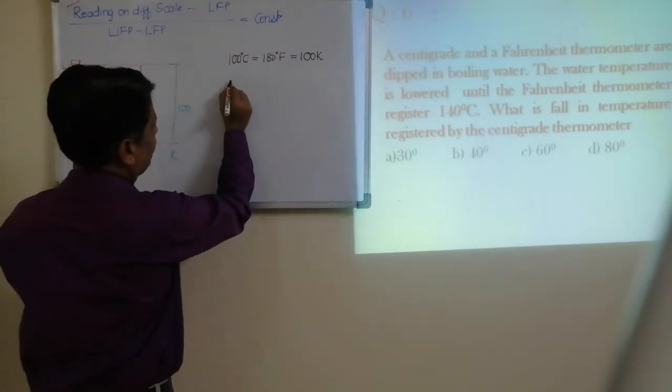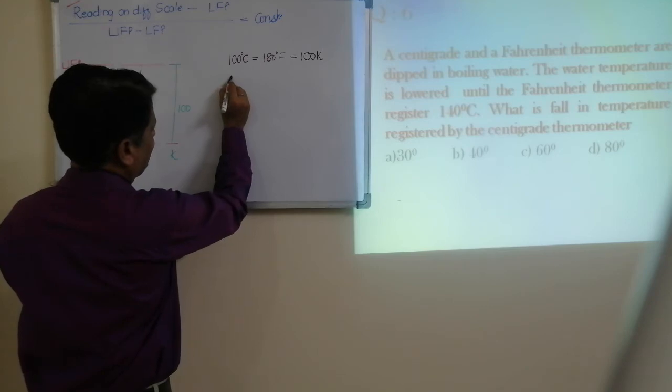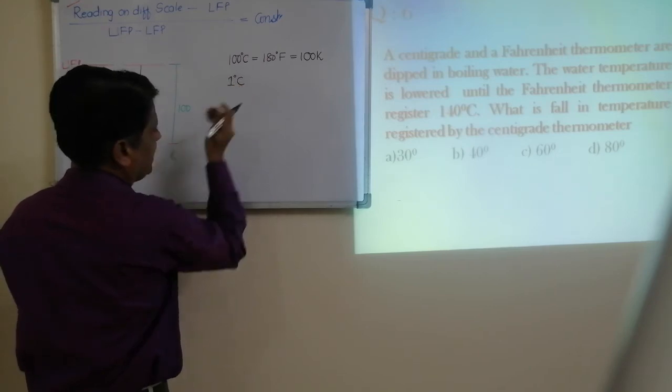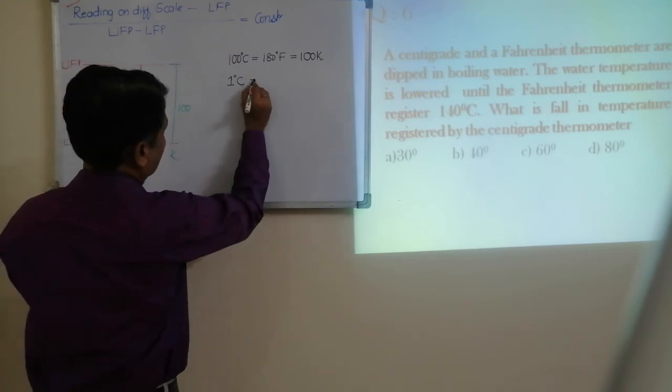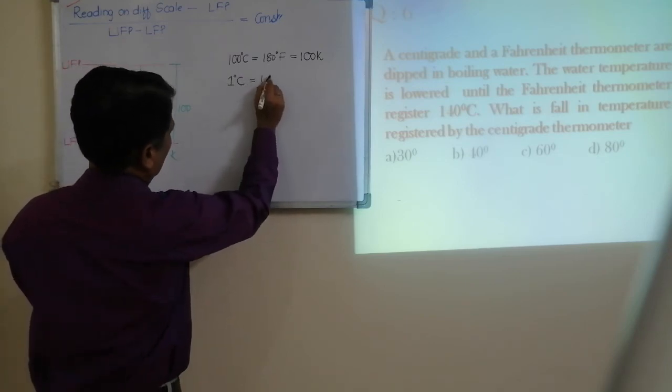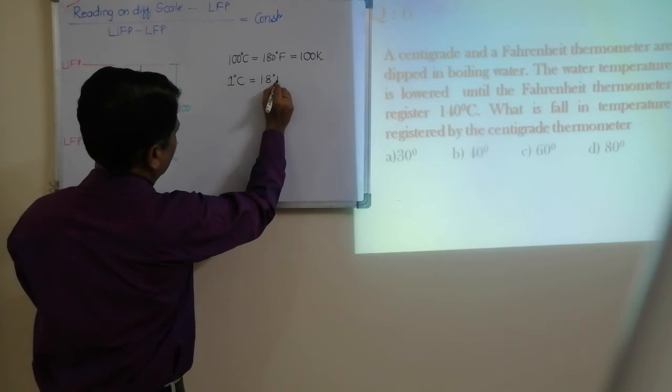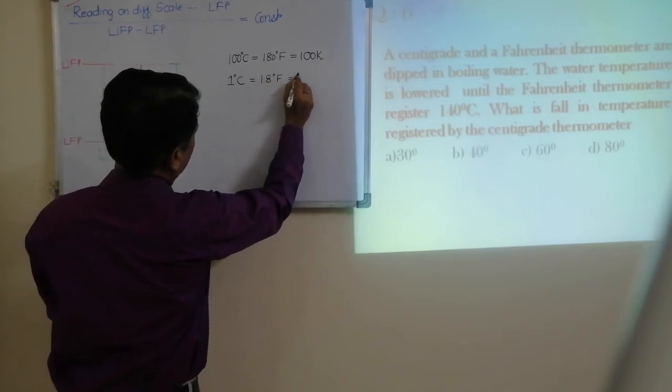If I divide all by 100, then the heat energy required to change 1 degree Celsius is equal to 1.8 degrees Fahrenheit or 1 Kelvin.